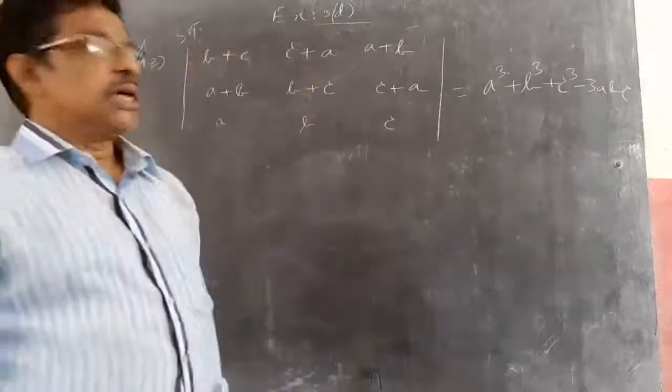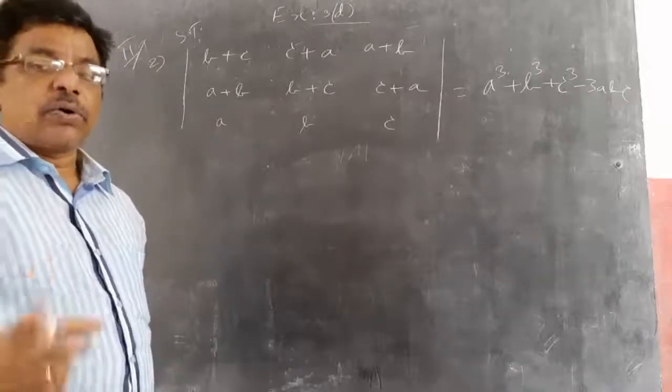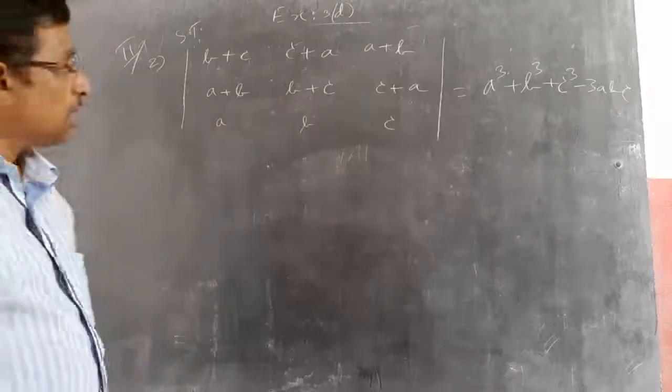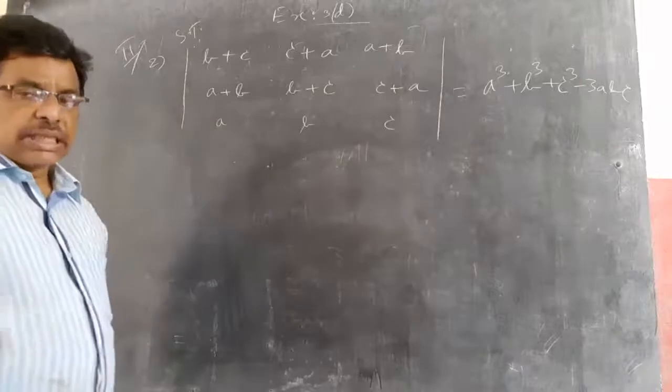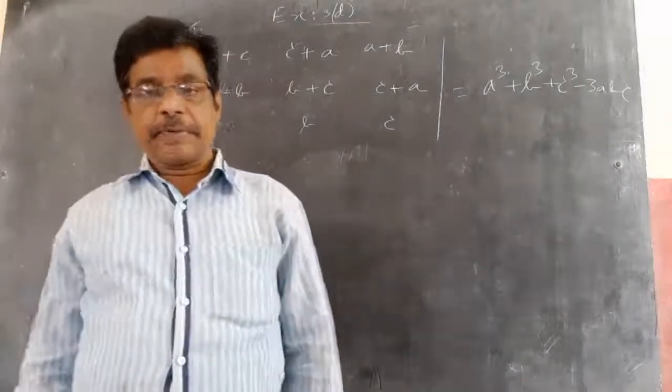For this there are 2 ways. One is direct determinant, that is a very lengthy process. Now I told properties, how to apply the properties. Almost all the 7 markers we will do using the 5th property only. What is the 5th property?